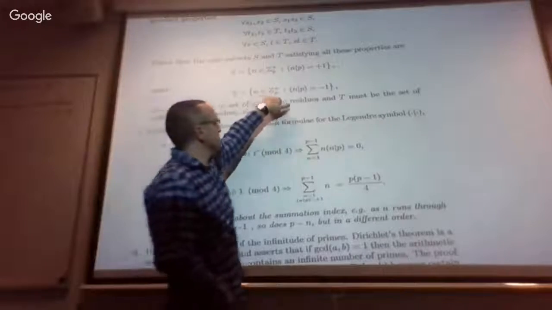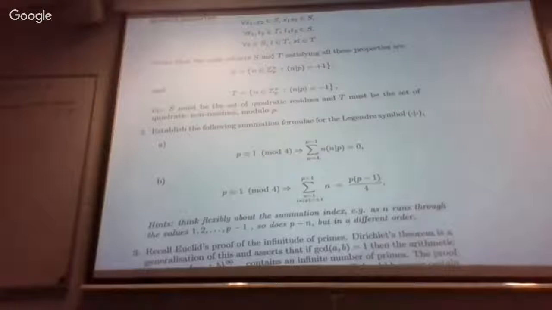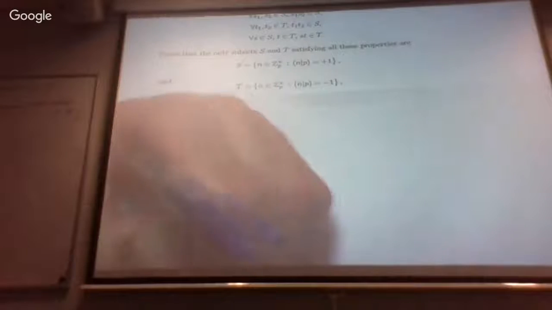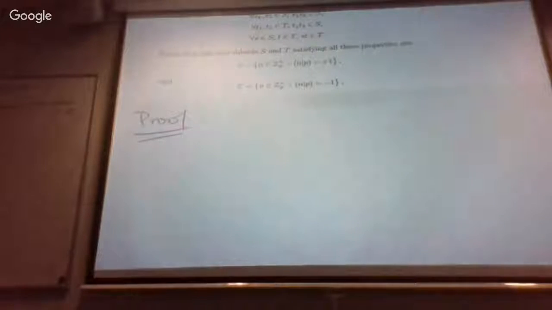And T must consist of all the n's with Legendre symbol -1, i.e. the non-residues. Okay, so we can have a look at the proof of this. So any questions just about the setup?